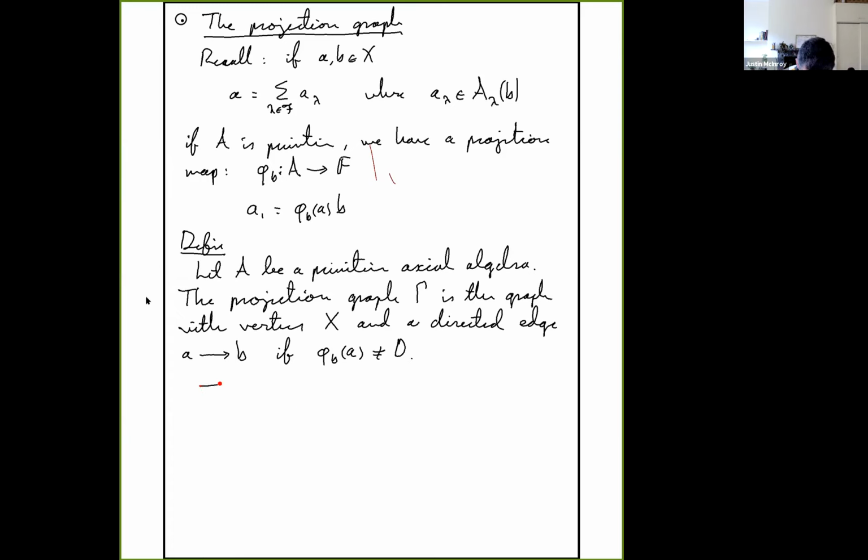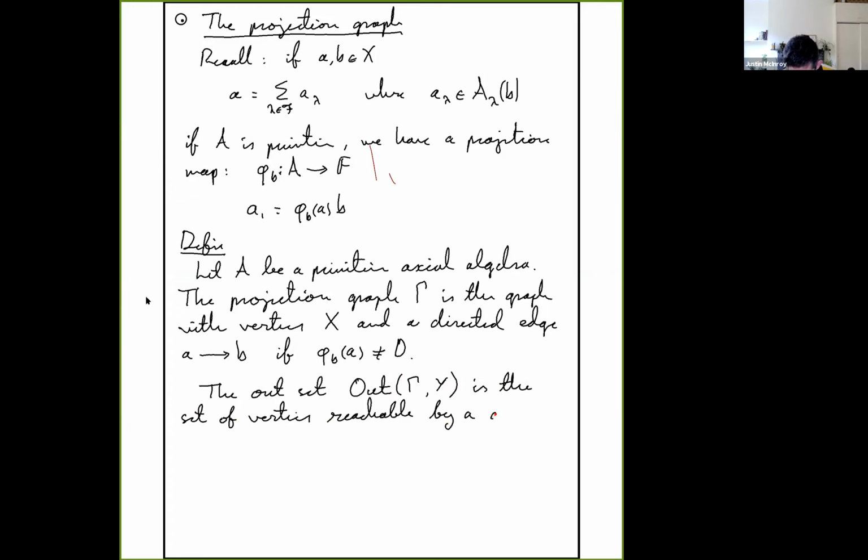So let me just say that the outset out of a graph and some subset of vertices Y is the set of vertices reachable by a directed path from some element of Y. Okay, and I think I need a new page for this.